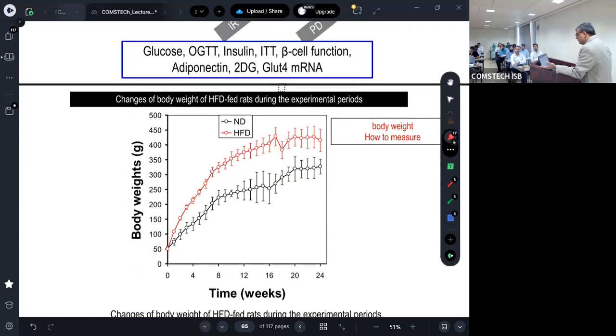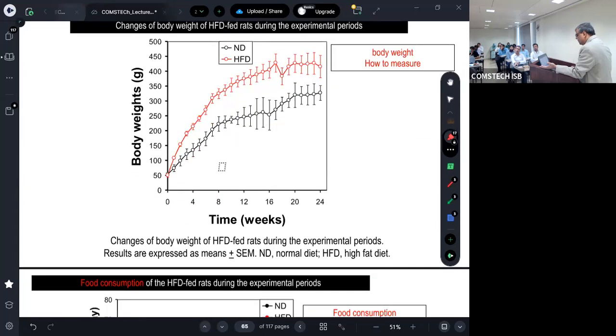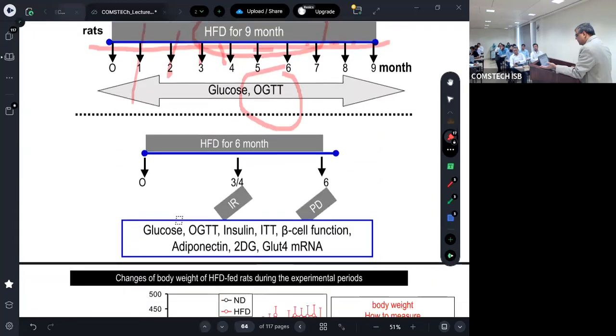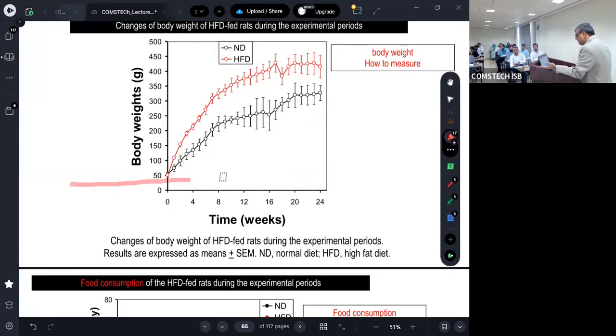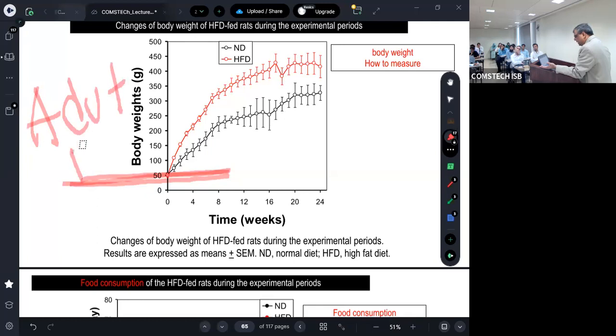Here, one thing please note. Here we are using a rat whose body weight is 50 grams. What is the body weight of an adult rat? Online student, can you write me the adult rat body weight? Online student, please write what is the body weight of an adult rat? 200 grams.